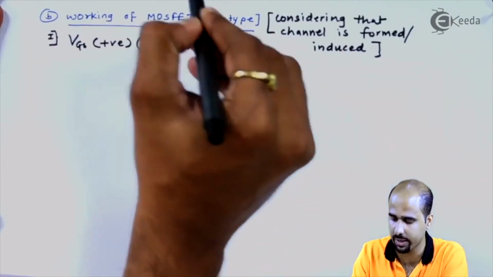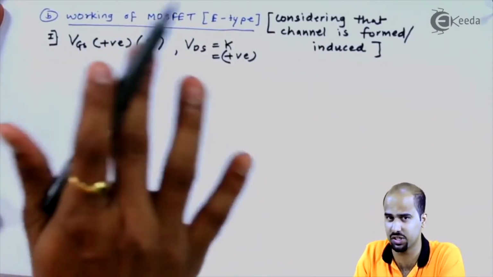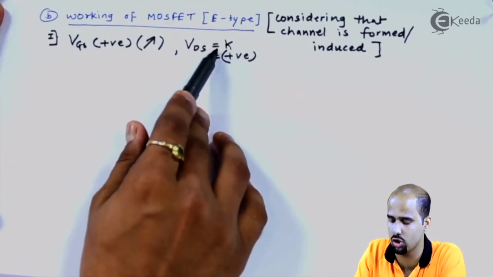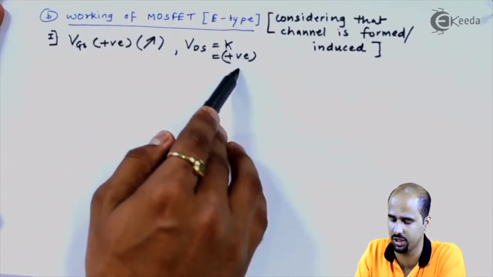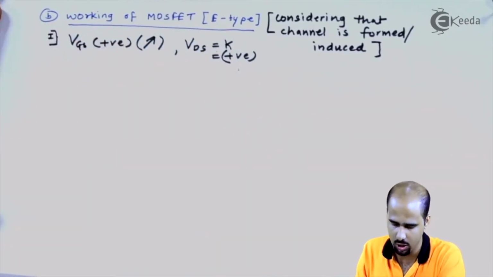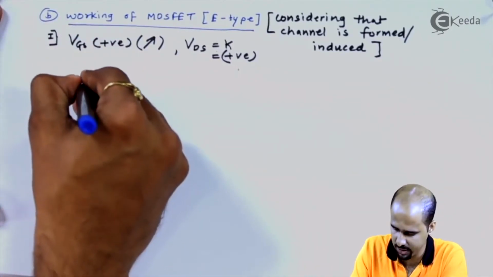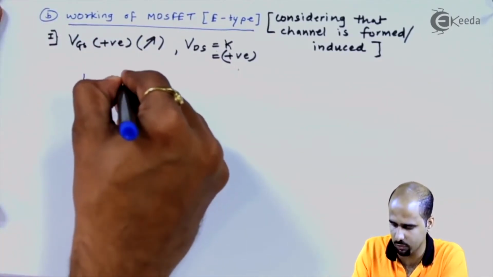So my conditions are: I'm keeping VGS positive but variable, and VDS is constant but positive. Let us draw this MOSFET and we will see how it will work.